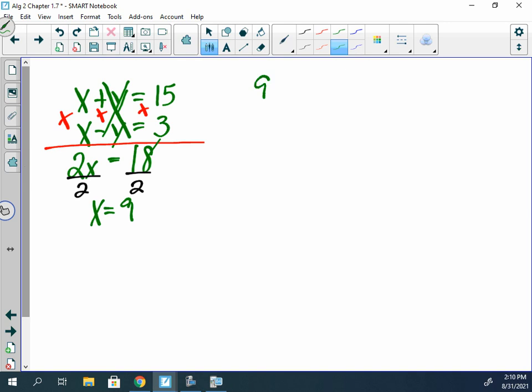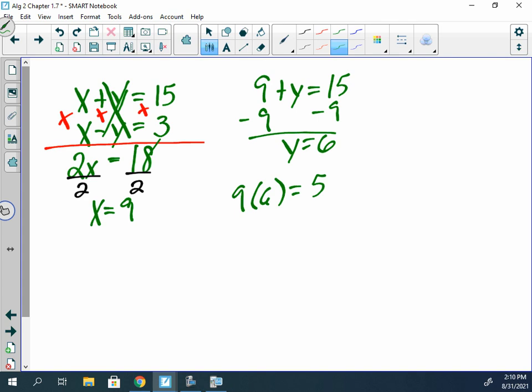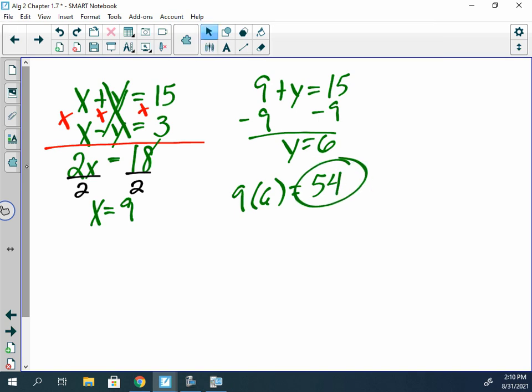Well, we're saying that 9 plus y is 15, minus 9, y is equal to 6. What is 9 times 6? Well, it says the difference is 3. You automatically know it's number 12. So it can't be anything bigger than 9. Exactly. And it's not negative, so it can't be bigger.